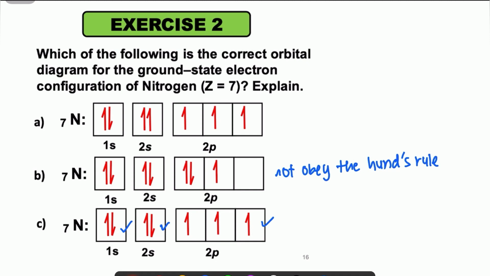You can see that all the electrons, especially the 1s electron in orbital 1s and orbital 2s, have the arrow at the different side. And for Hund's rule, you can see in the orbital 2p, degenerate orbitals, electron fills singly first, and so C obeys all the 3 rules.